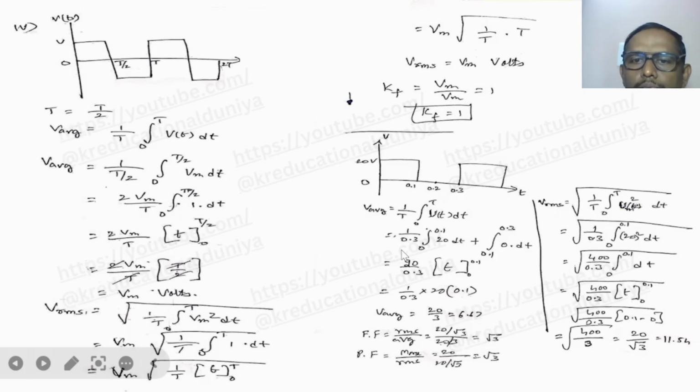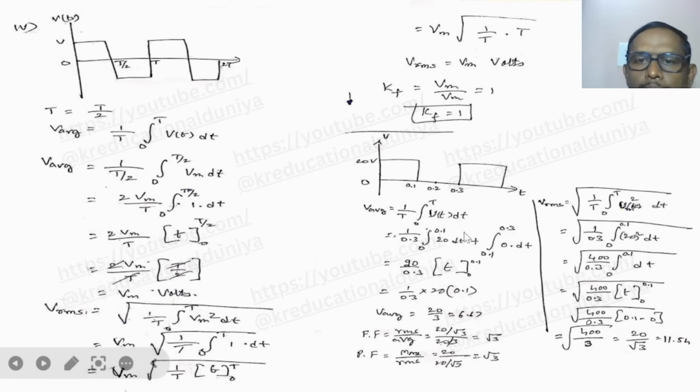That's why from 0 to 0.1 we are taking plus 0.1 to 0.3. So 1 by 0.3, the time period, integral 0 to 0.1 of 20, that is Vm dt, plus integral 0.1 to 0.3 of 0 dot dt. So this term will become 0.